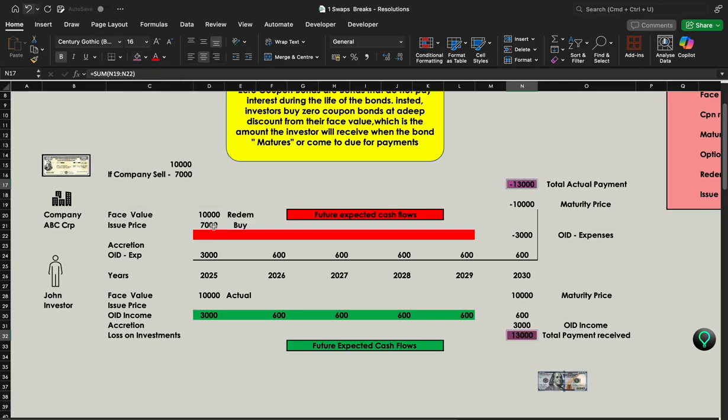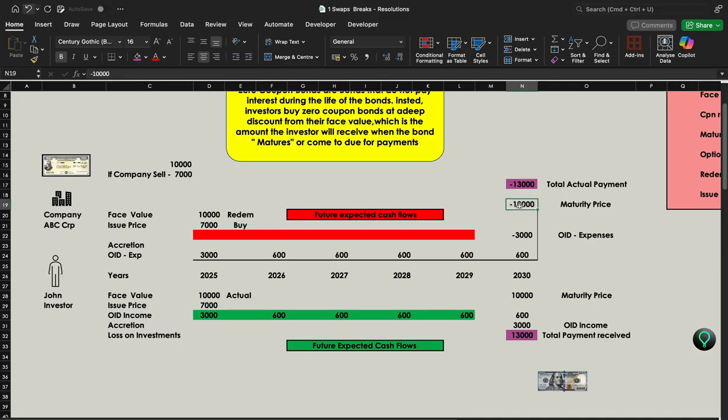At the time of investment, the company receives 7,000 and the investor pays 7,000. So the investor invested 7,000, but receives, my bad, I think we missed something in the calculation of the face value. So not 13,000 actually. Sorry guys, we missed some calculation.